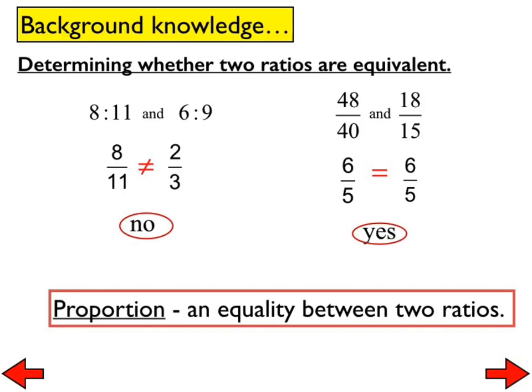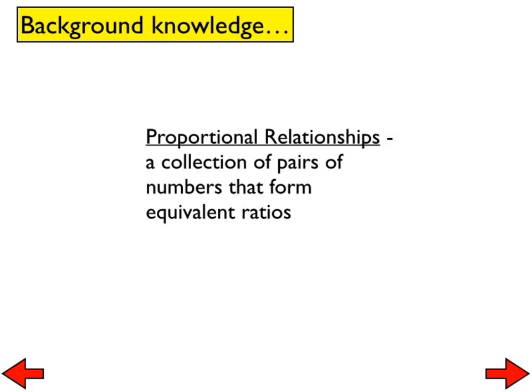And then yesterday we added to this the definition of a proportional relationship. We have a proportional relationship when we have a collection of ordered pairs, or a collection of pairs of numbers that form equivalent ratios.